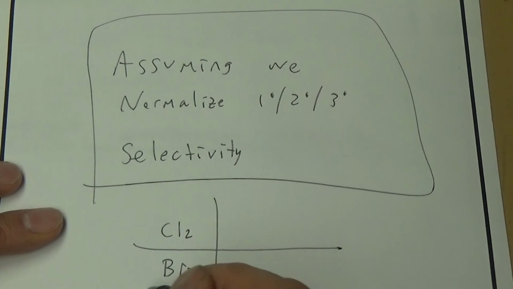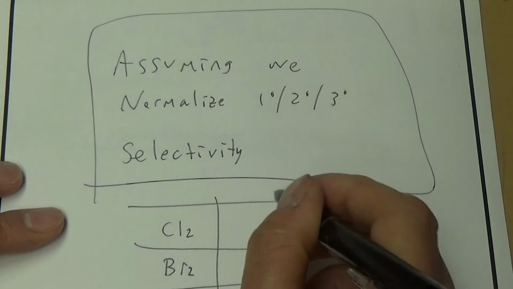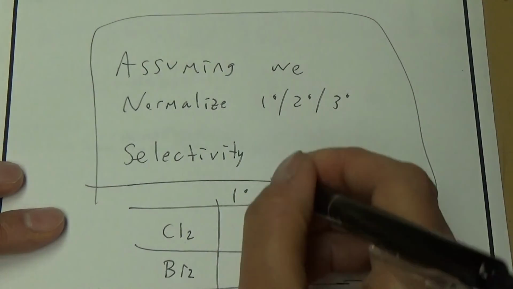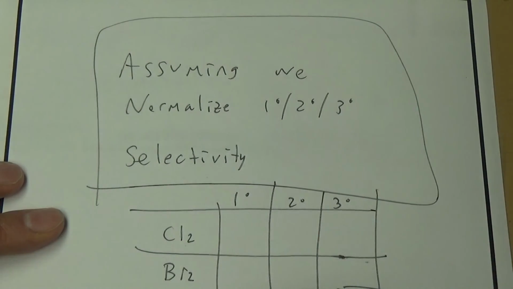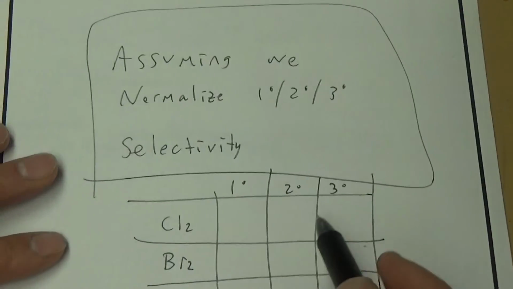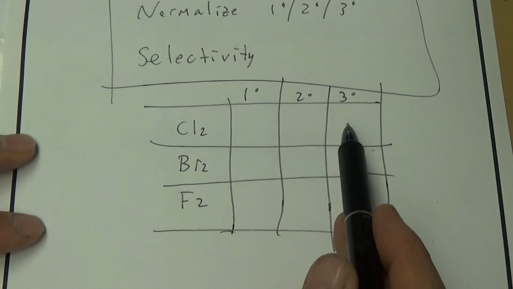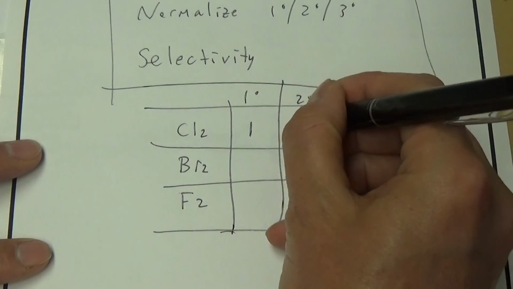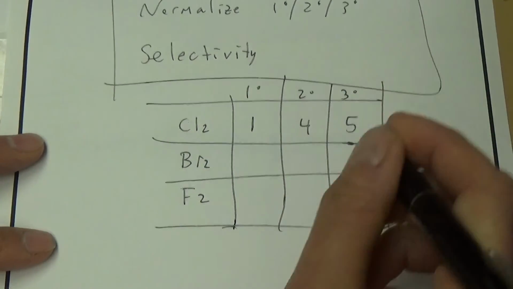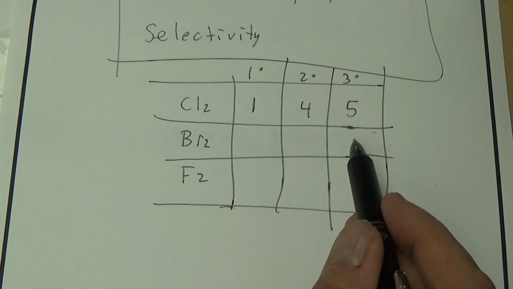And we already did chlorine, right? Primary versus secondary versus tertiary. What were the numbers for chlorine? They were 1 to 4 to 5, and we calculated these. I'm not going to calculate them for bromine, I'm just going to tell you.